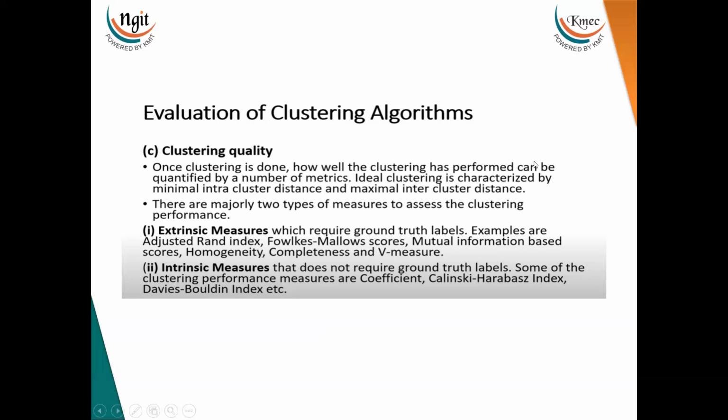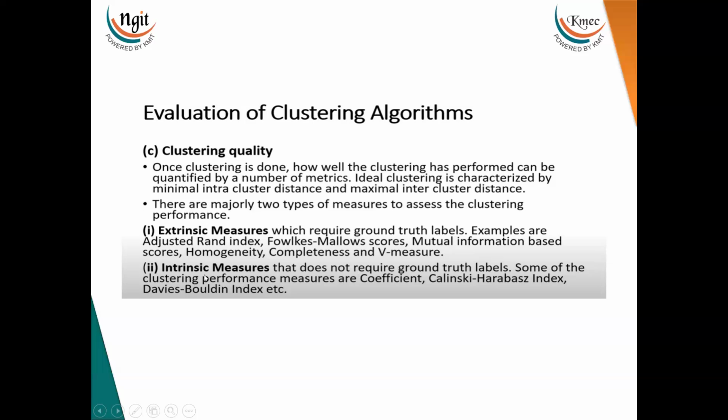Majorly we use two types of measures, called extrinsic measure and intrinsic measure. In the extrinsic measure, we try to compare against the ground truth. Examples of extrinsic measures are adjusted Rand index, Fowlkes-Mallows score, mutual information based scores and so on.